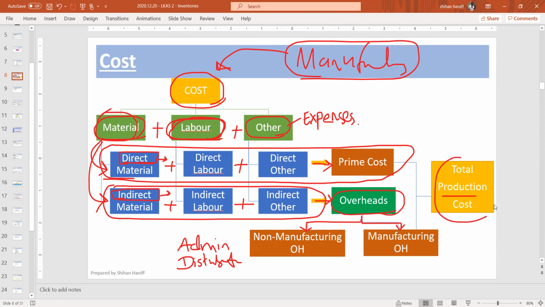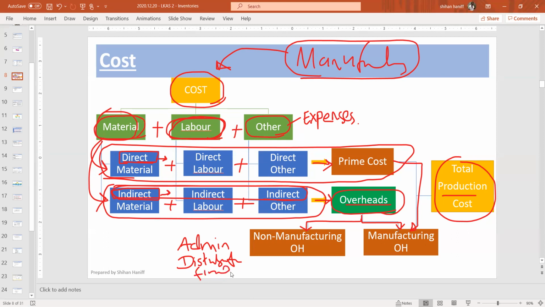So what is total production cost? Total production cost is equal to prime cost plus manufacturing overheads. Overheads means all indirect costs. Including finance cost also, we can take as non-manufacturing.